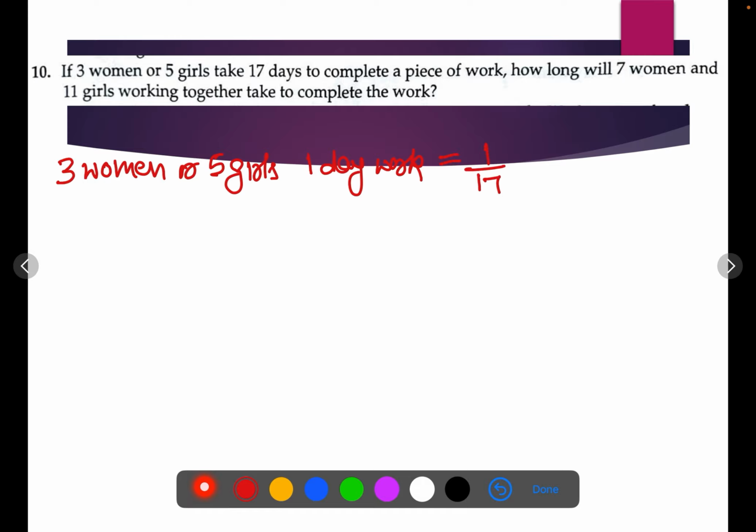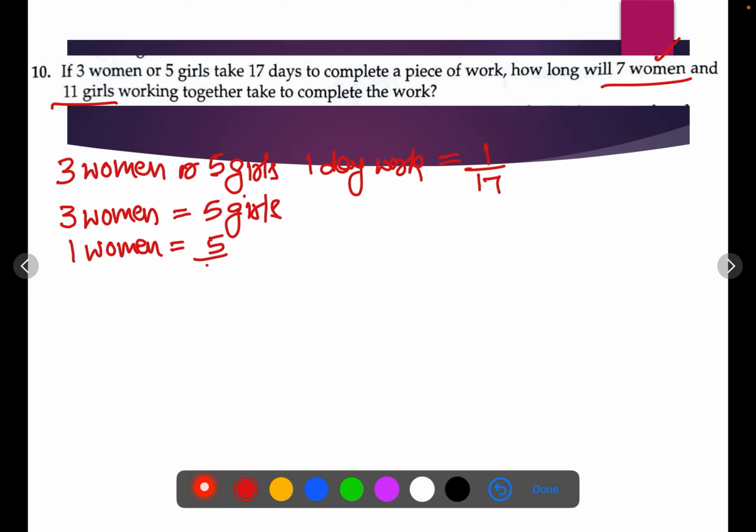Right. Now here there are 2 units. We have already learned that it should be in 1. If I convert women capacity into girls, it will help me to find out the answer. So 3 women is equal to 5 girls. The capacity of 3 women is equal to 5 girls. So what would be the capacity of 1 woman in terms of girls? Simple unitary method. Right. Now here 7 women.